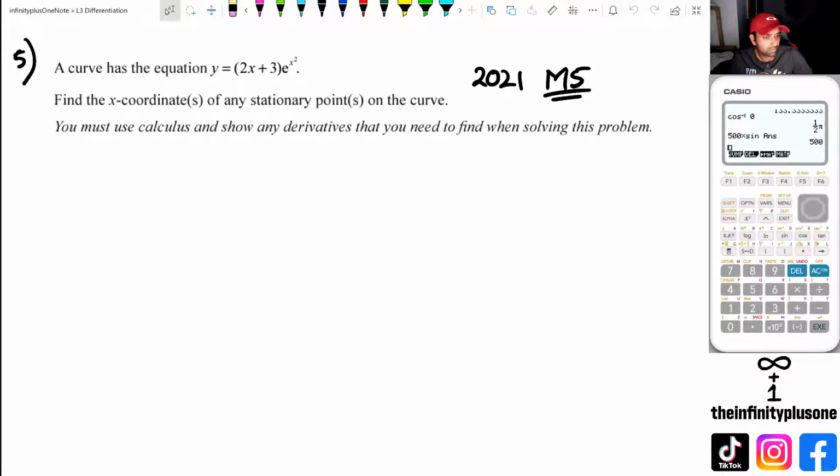If you have forgotten the product rule, by the way, it is: if y equals fg, then y dash is equal to f dash g plus f g dash. Just a little reminder of product rule for you.